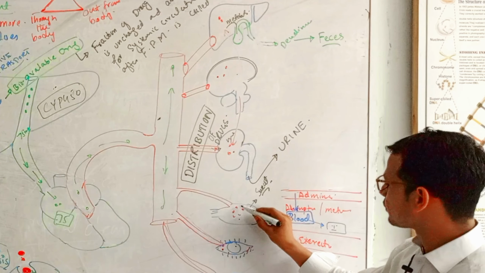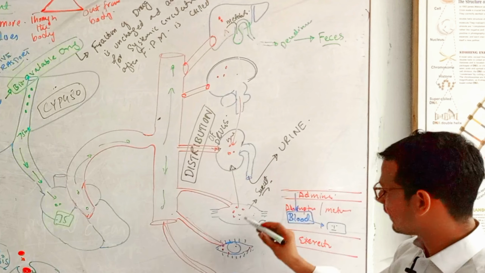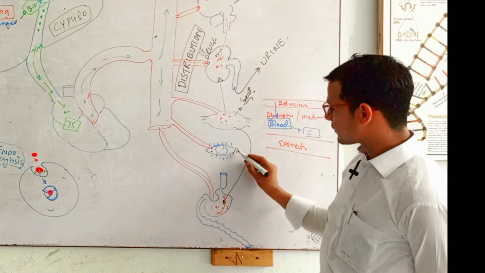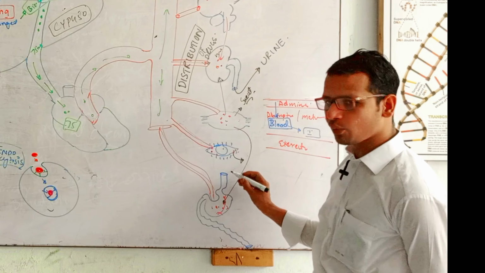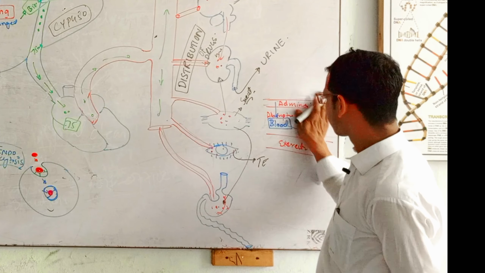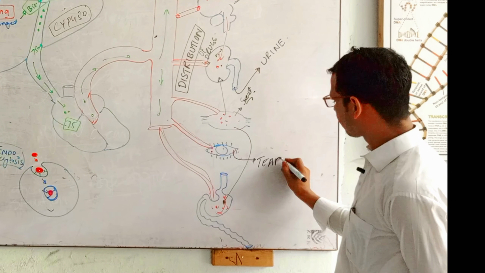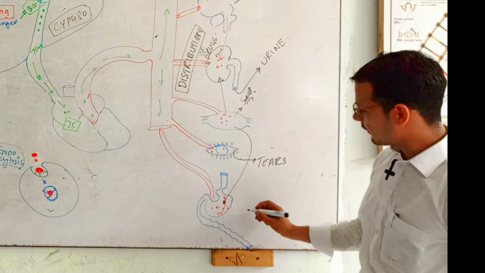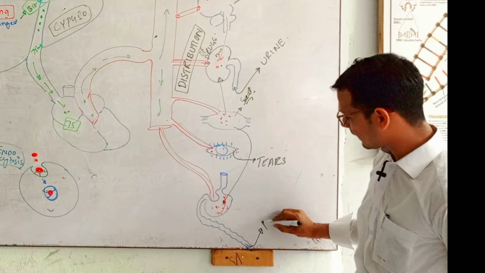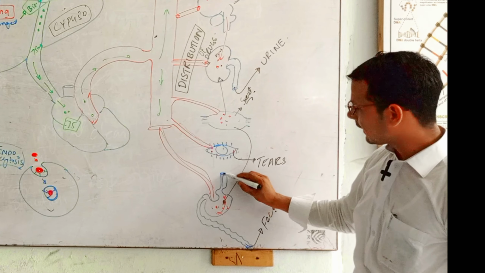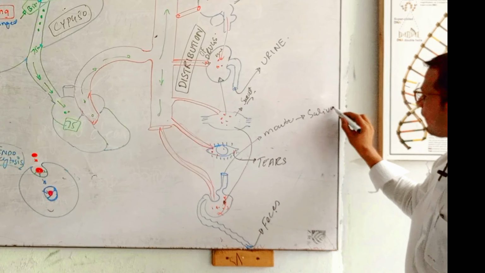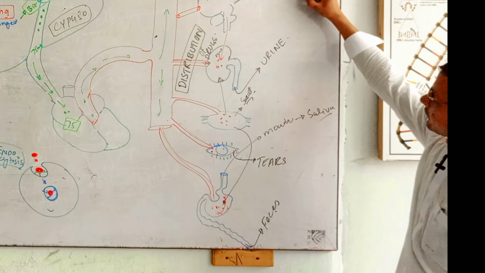It can go to the kidneys, and it can go to the GI, right? Next, from here the drug will be excreted in tears, right? If the drug reaches here, it will be excreted through the rectum in feces, but it can go to the mouth and be excreted in saliva.